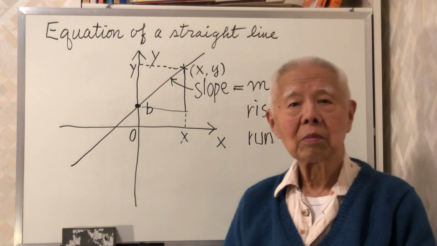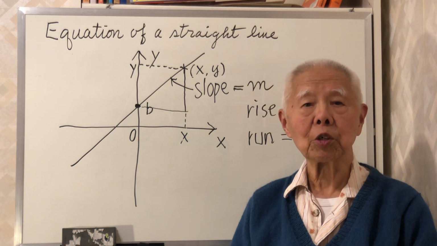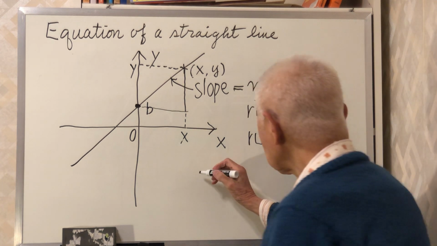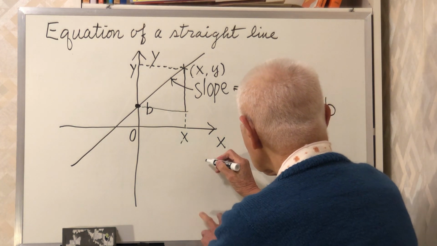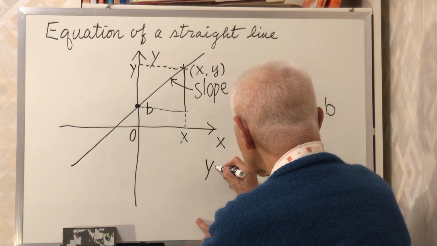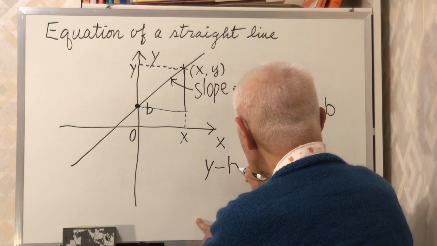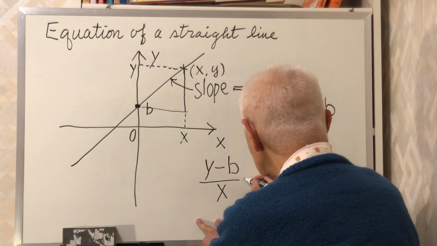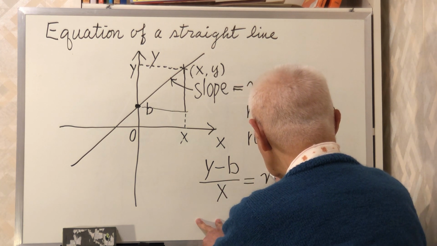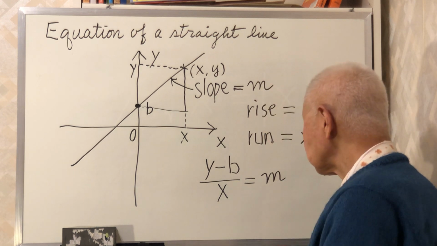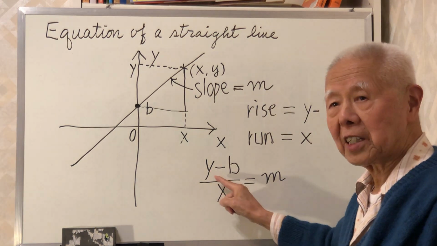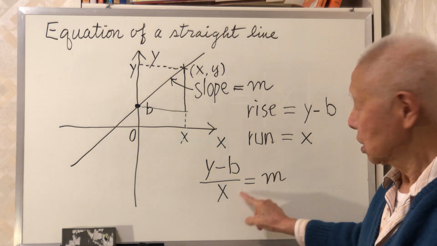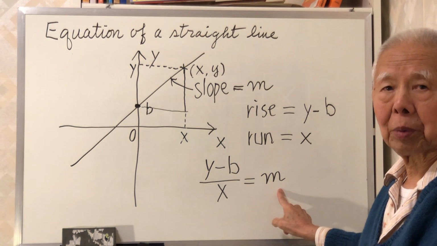The slope m is equal to rise over run. Rise over run is the slope m.